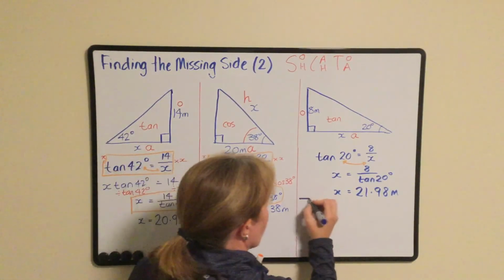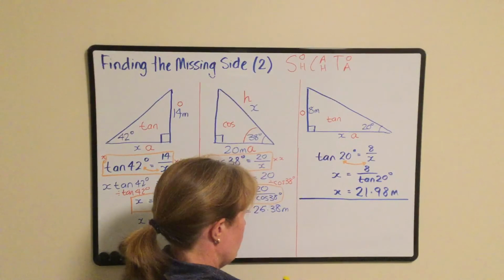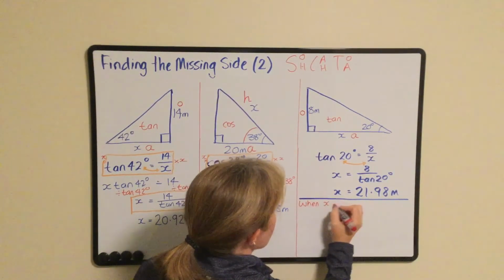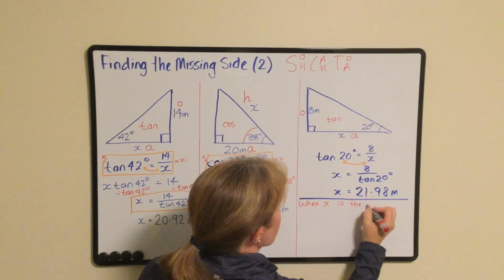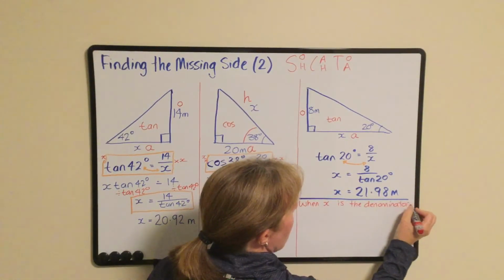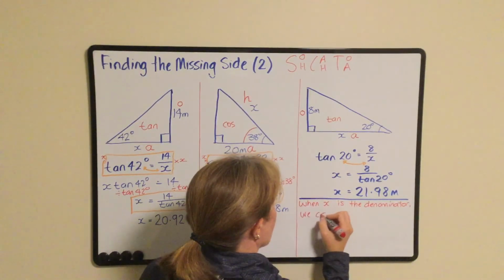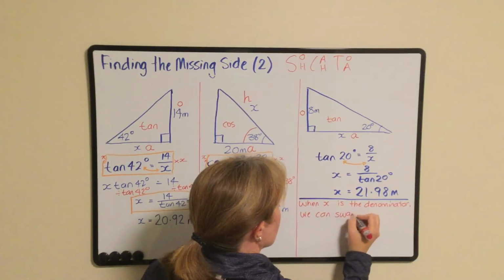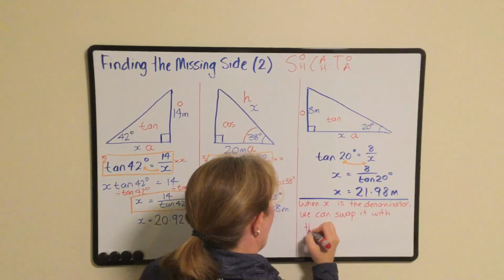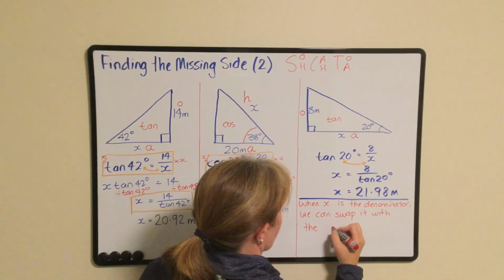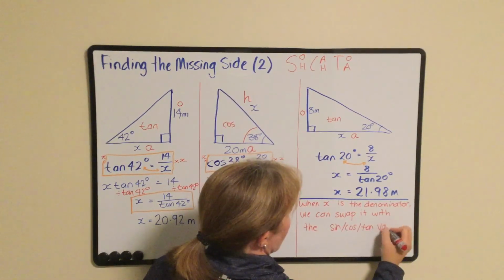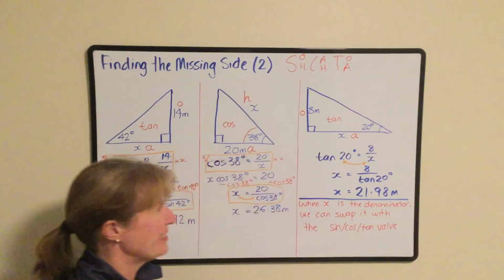When x is the denominator, that means it's on the bottom of the fraction, we can swap it with the sine, cos, or tan value, whichever question it ends up being.